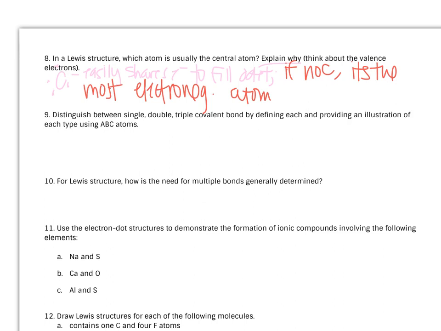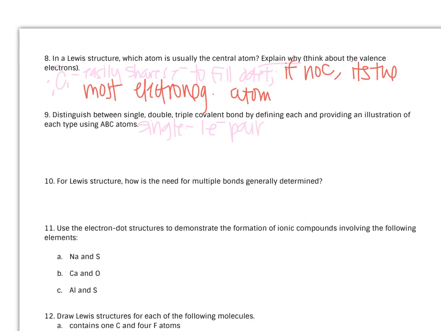Number 9 says distinguish between single, double, triple covalent bond by defining each and providing an illustration of each type using fake atoms, basically. So the main thing for a single bond is obviously that they share one electron pair.